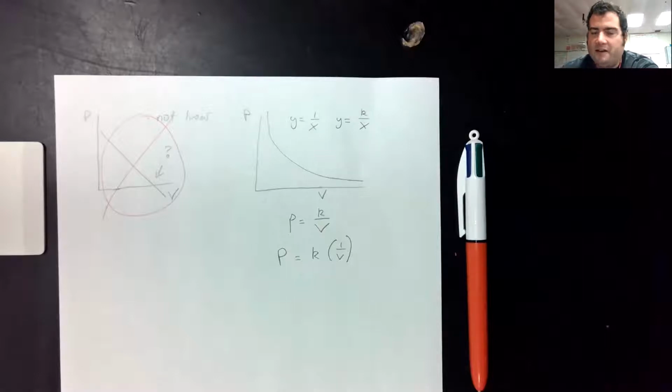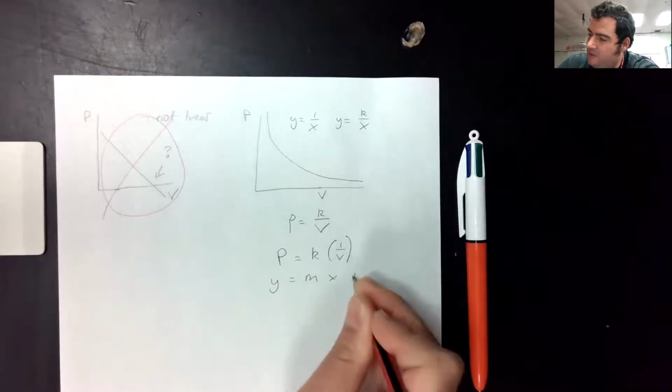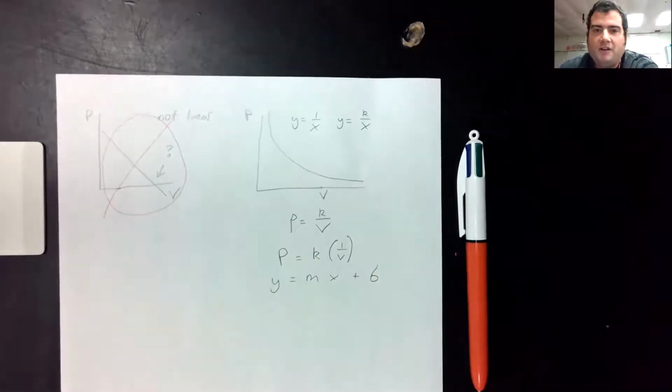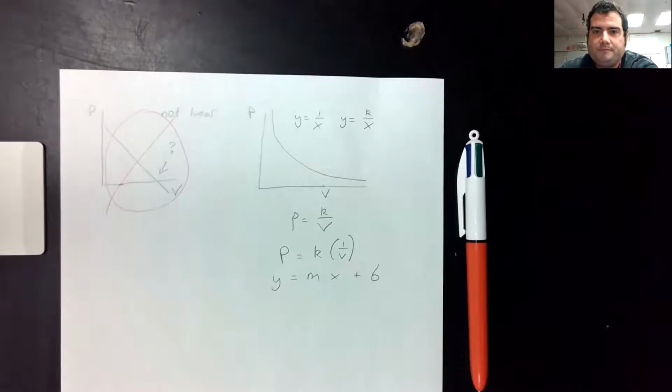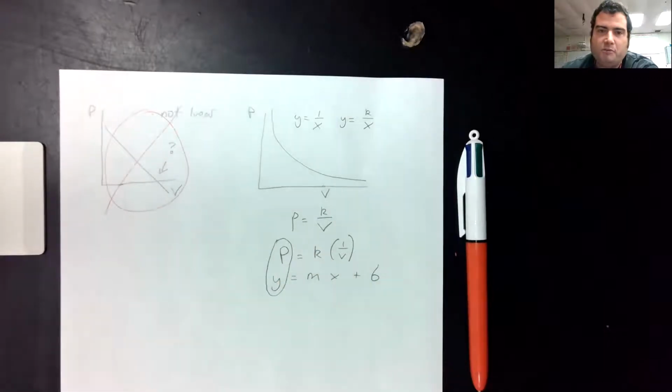So to linearize, I then put the equation for a line, the classic y equals mx plus b, under the equation I've come up with. And now I'm going to see what I should put on a new graph on the y-axis and the x-axis. On the y-axis, I should put pressure.